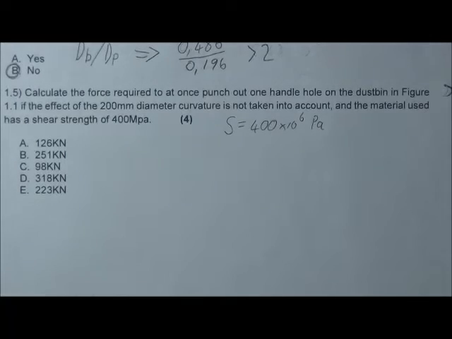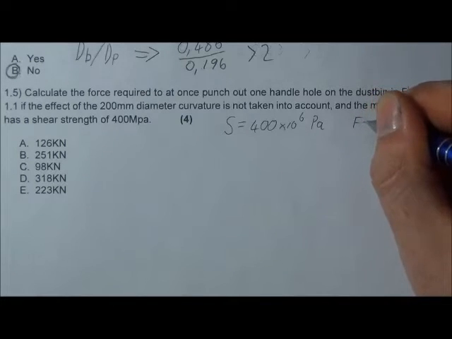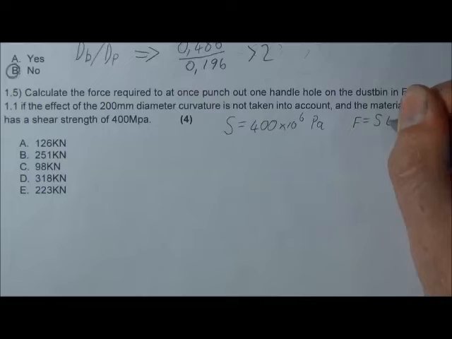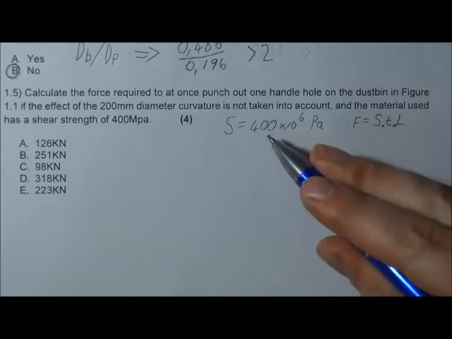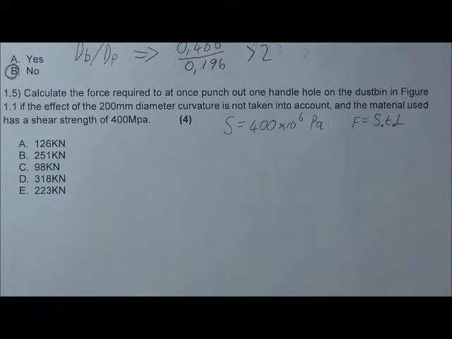So let's have a look how to calculate that. In a cutting operation, force is equal to STL. S we're given 400, T is the thickness, that was 2 in the question. L is the length of the cut, which is what we need to determine first.